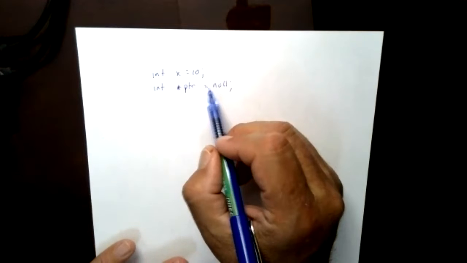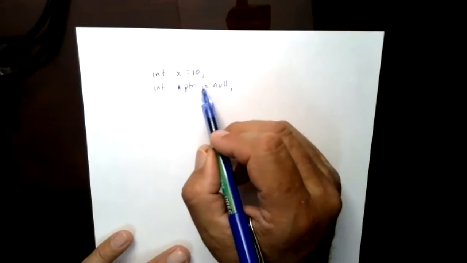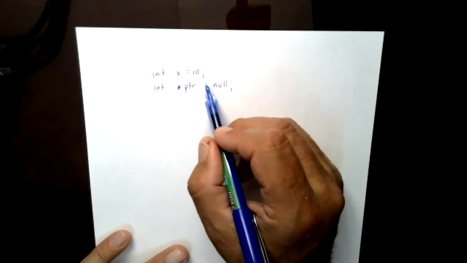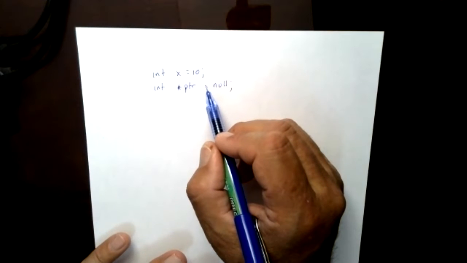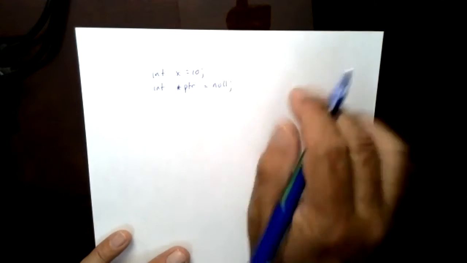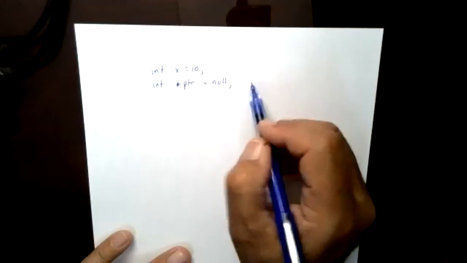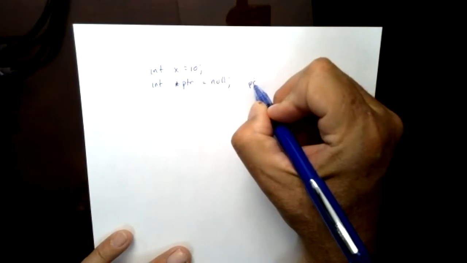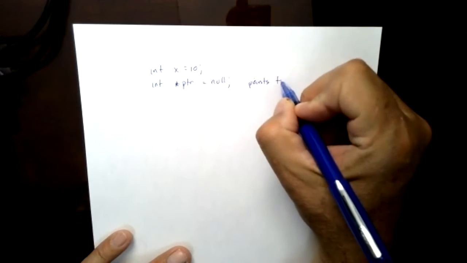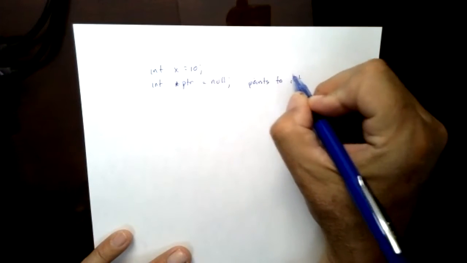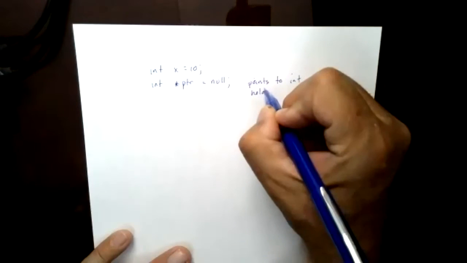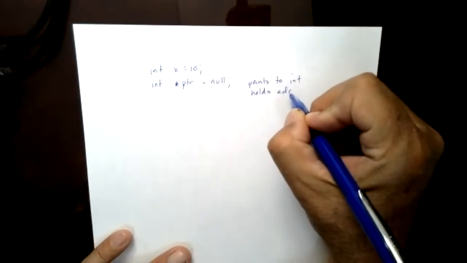You said to write the equals null, and that's what I did. But remember, that's where early programmers get messed up, that this isn't the equals, it's the assignment operator. Okay, so I have that, and if I was making notes, points to an int, holds address kind of deal.